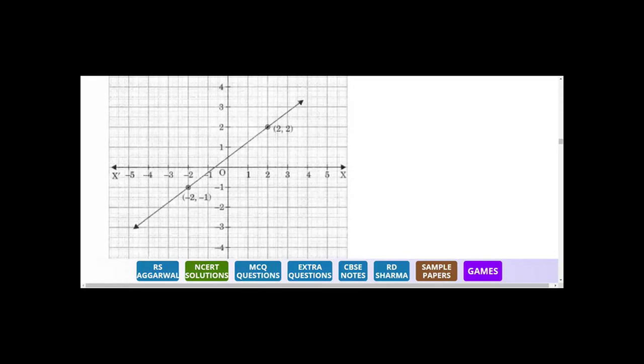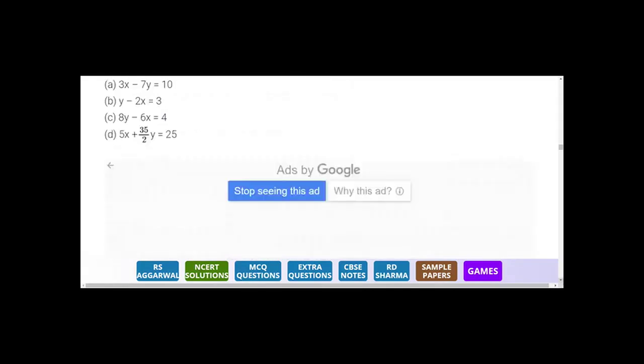Now you have to tell which is the correct equation for that line. So 2, 2 and minus 2, minus 1. You have to put and see. It should satisfy both. Are you getting?